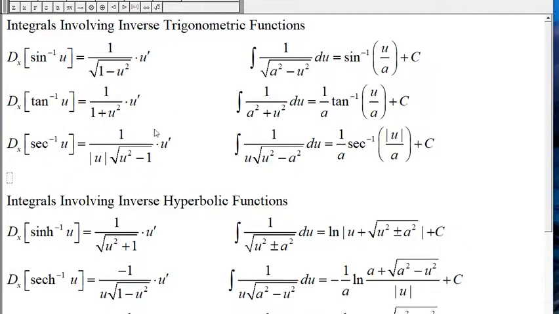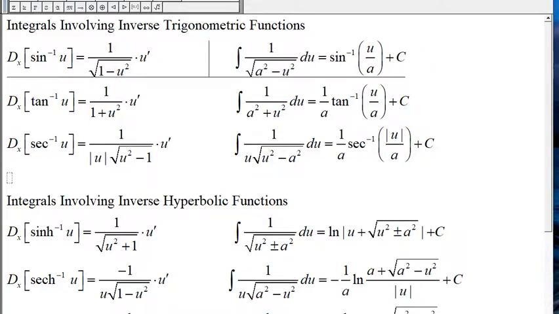Which leads us to the following formulas. The antiderivative of an expression like 1 divided by the square root of a squared minus u squared. We have just seen it with x, but if we're using the letter u, then it'd be sine inverse of u over a. Similarly, we can also show that the integral of 1 over a squared plus u squared is 1 over a times tangent inverse of u over a.